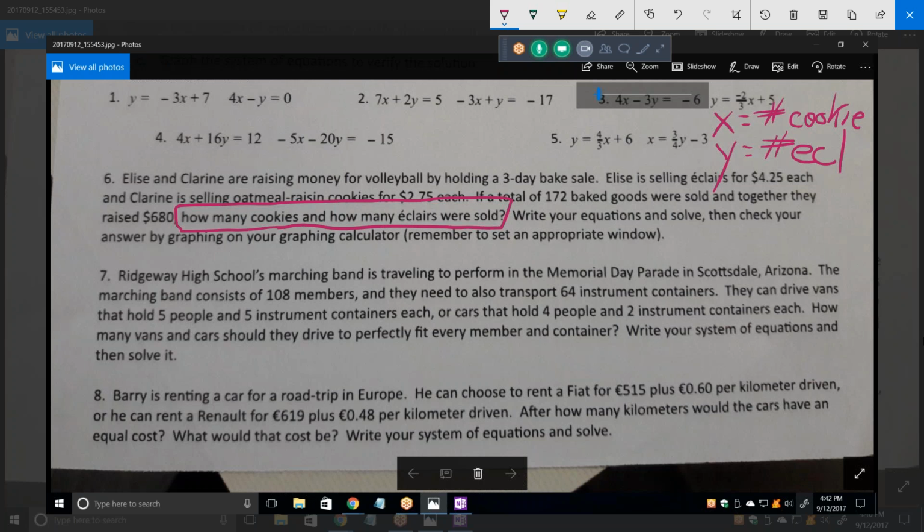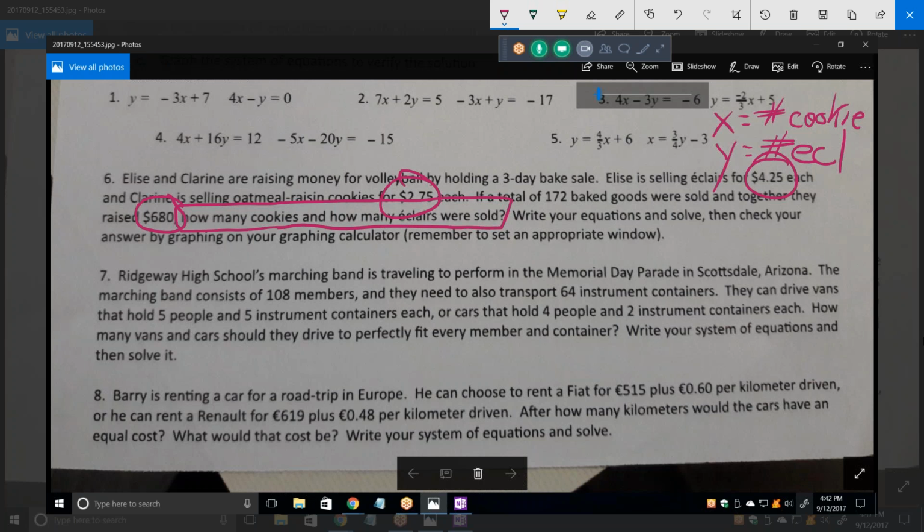If we sold $680 worth, and cookies sell for $2.75 and eclairs sell for $4.25, tell me an equation that makes sense. How much did I make in cookies? $680?